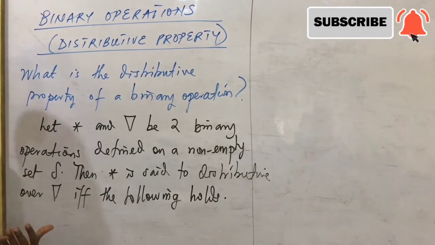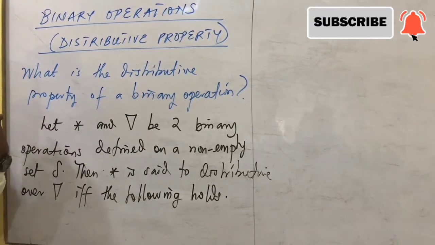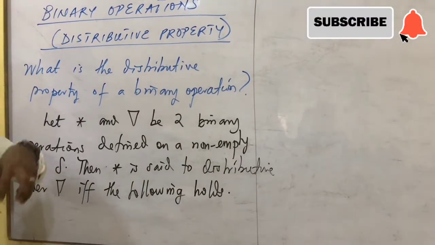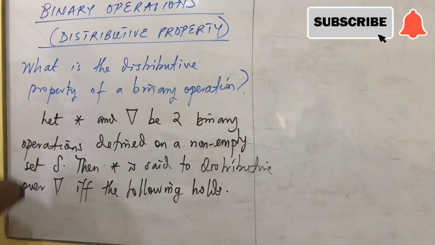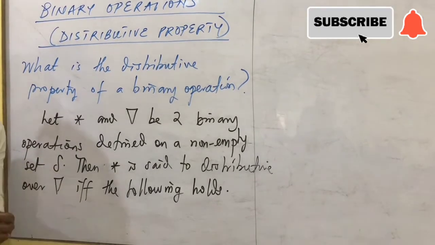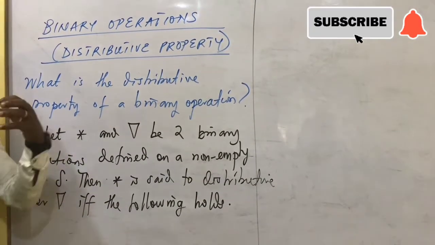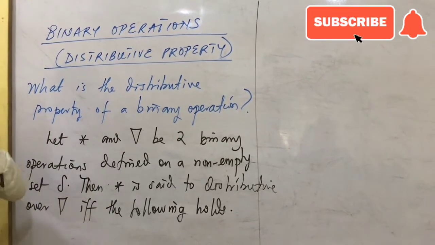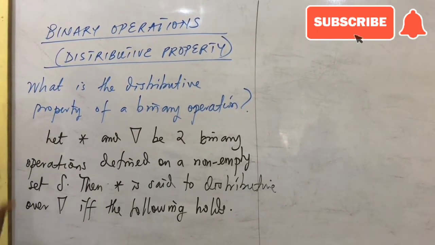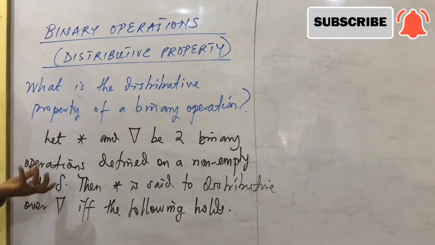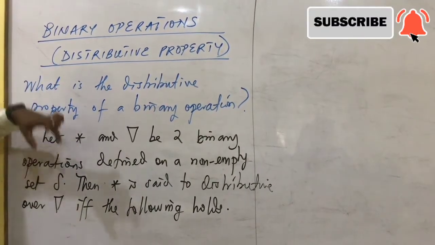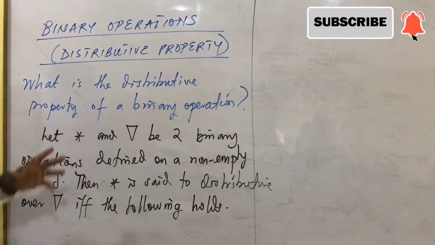Remember, we said it in our earlier videos on commutativity and on associativity, that before talking about defining a binary operation on a non-empty set, that non-empty set must be closed. And by the closure property, remember, we talked about two elements selected at random from a set combining to give an element in that same set. Implies that the set is closed. Okay? So if you are talking about the distributive property, there must be two binary operations involved, both of them defined on the non-empty set.